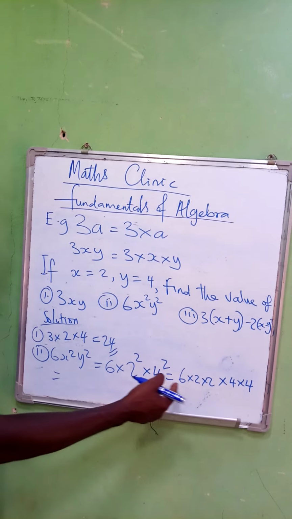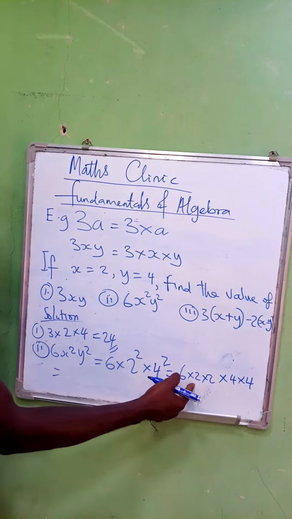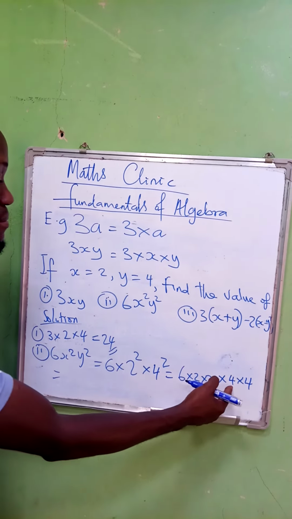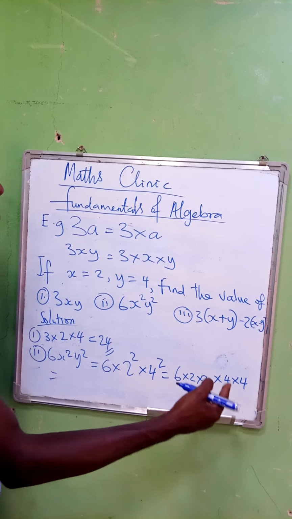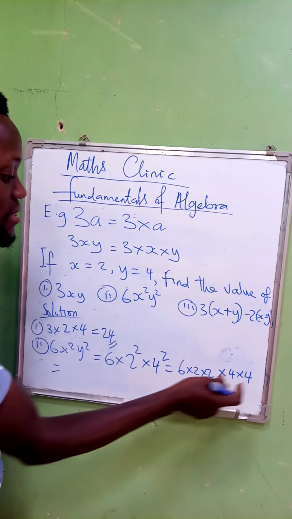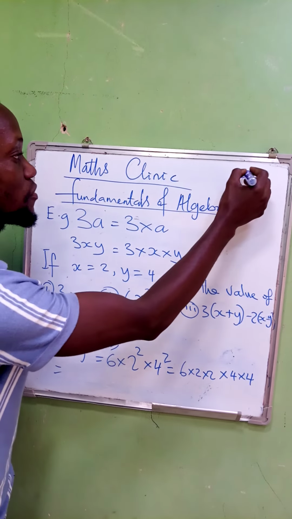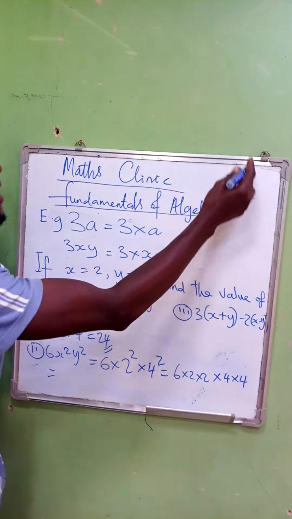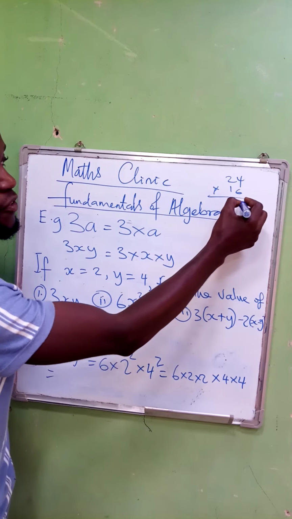And that gives us 6 times 2 is 12. 12 times 2, 24. 24 times 4 will give us what? Let's check, or let's say 24 times 16. 6 times 4 will give us 24.